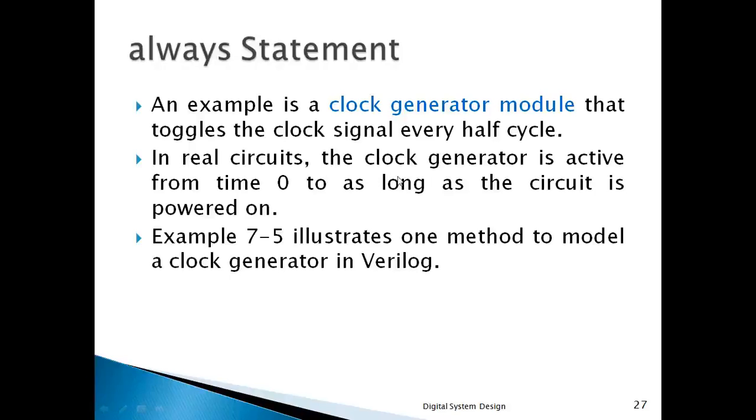In real circuits, the clock generator is active from time 0 for as long as the circuit is powered on, because in any circuit which includes a clock, the requirement of the clock is continuous from time 0 to the end of the simulation or the circuit. The next slide includes an example which illustrates the method to model a clock generator in Verilog.